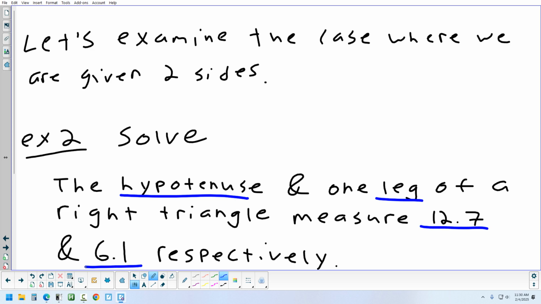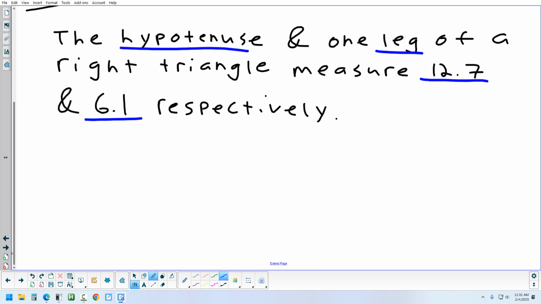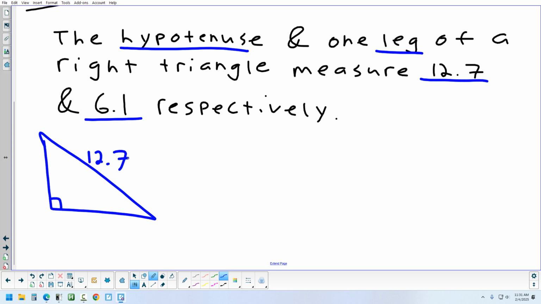But even if they didn't say respectively, if I said I have two sides in a triangle, 12.7 and 6.1, one of them's the hypotenuse, how do you know which one is the hypotenuse? The big one, yeah. So you need to know that. So let's draw it out. The 12.7 has to go there.